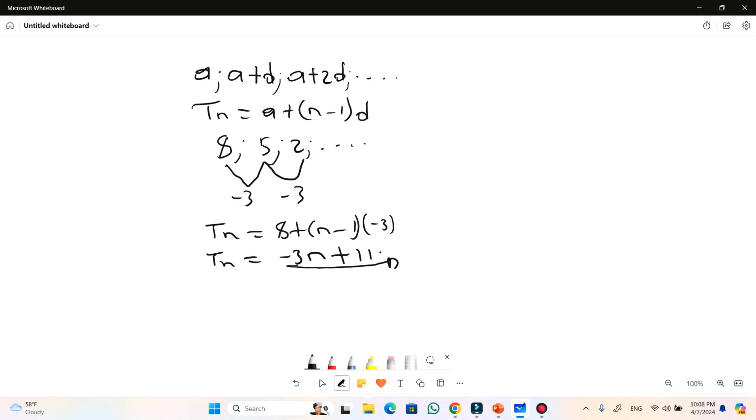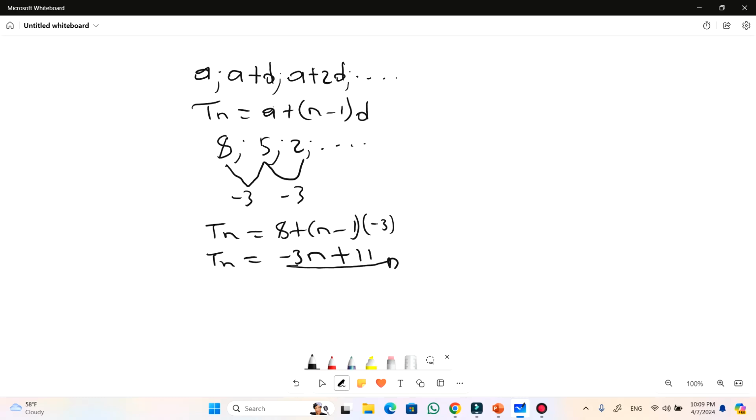To prove whether your equation is correct or not, you just substitute, since n stands for the position, and you know that our first position here is 8. So you substitute 1 for the value of n, and if you get the value of 8, that means our equation is correct.